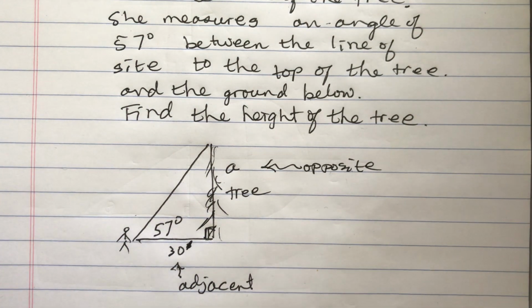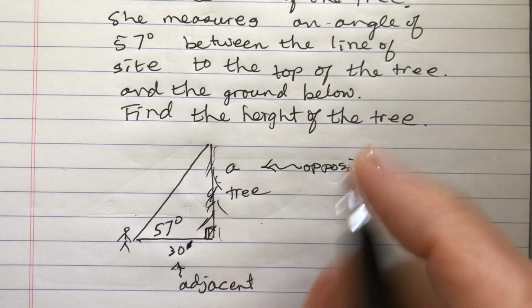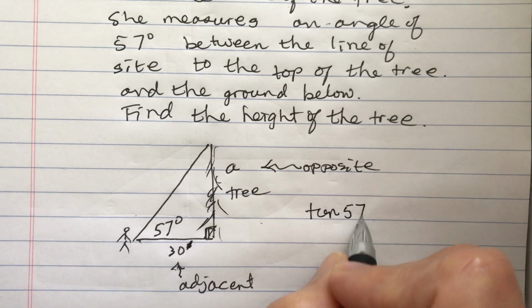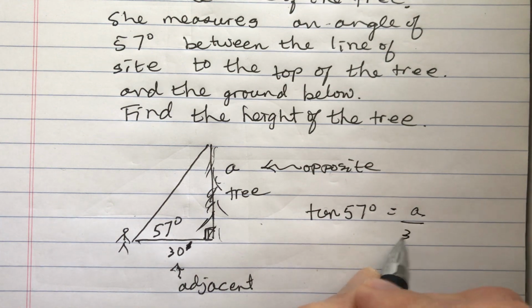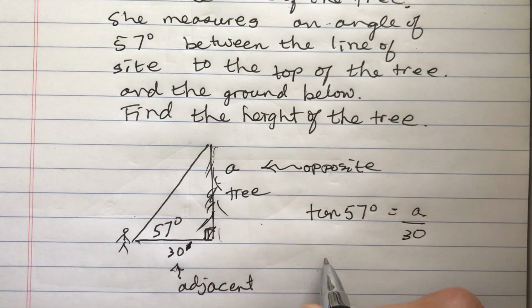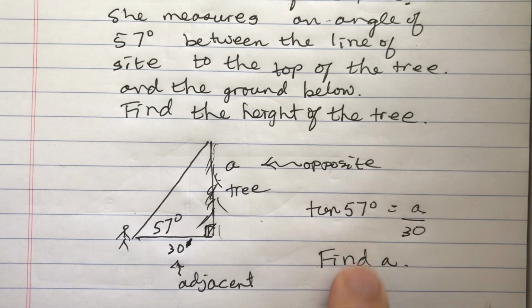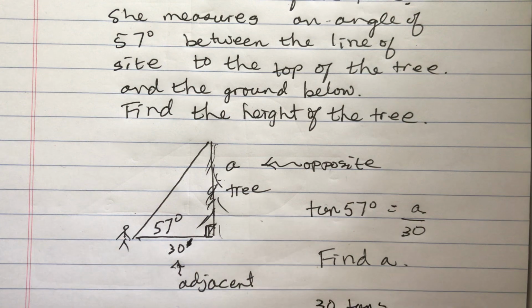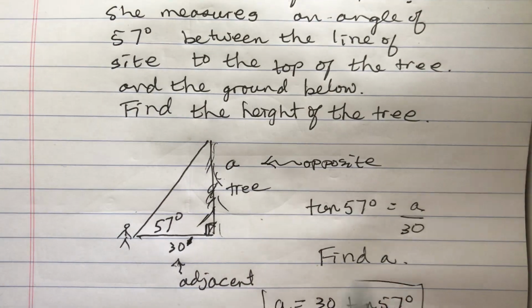So we need to think, what trig functions tie in opposite and adjacent? Tangent 57 degrees is opposite over adjacent, and we're trying to find A. So I just multiply both sides by 30, and I get the answer.